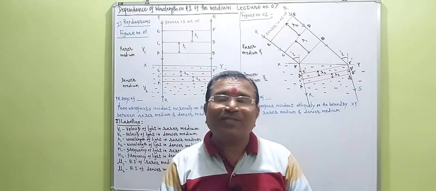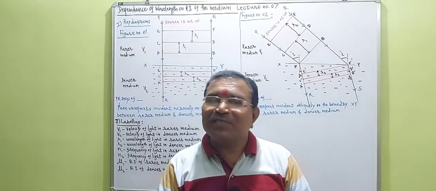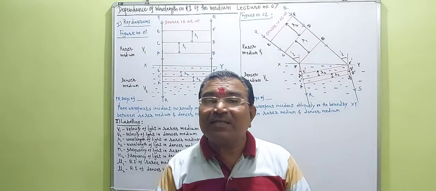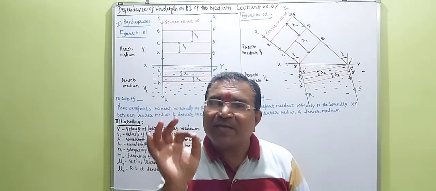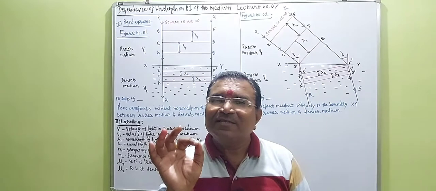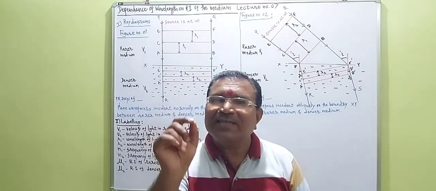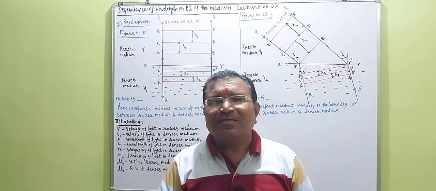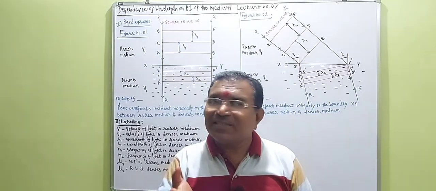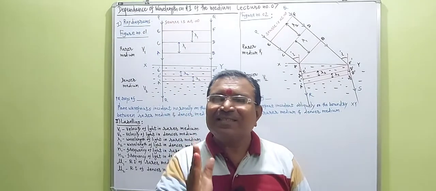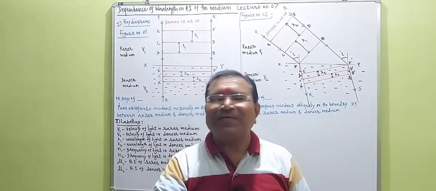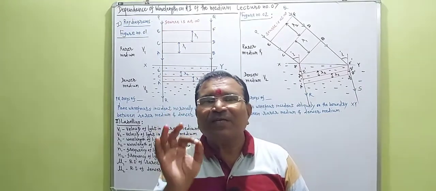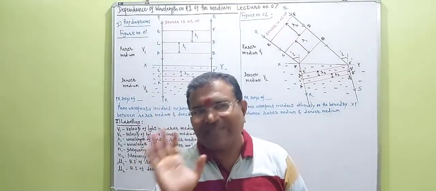The second question that we are going to discuss here is the dependence of frequency of light on the refractive index of the medium, or we can make a question like this: what is the effect of refractive index of the medium over the frequency of light?